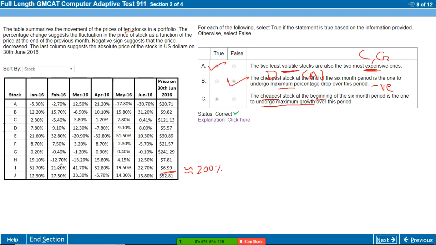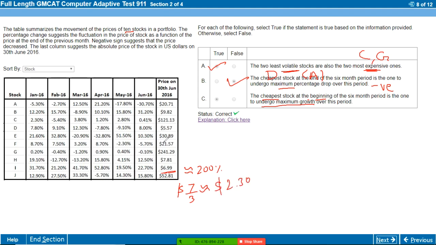Although it is a compounded percentage change, for a rough calculation we can just do addition very quickly. That is also a good way of approximating the percentage change. So this means that the original value was one third, because 200% means the original value should have been one third of the final value. So 7 by 3, $7 being the final value, is approximately $2.3.